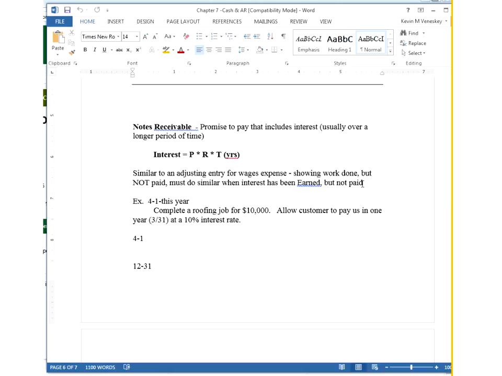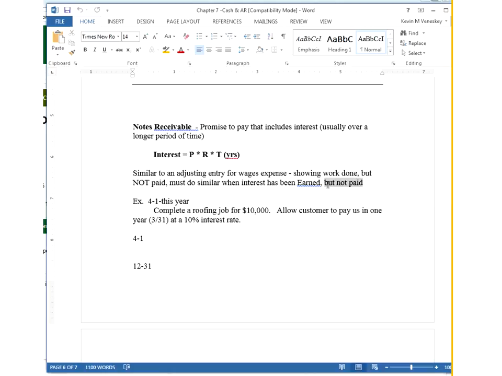Well, even if we don't get paid the interest by the end of the year, just like what we do with wages, when we owe our employees work but we haven't paid them yet, we create a wages payable. Just basically in the same concept, if interest has been earned, we've got to show it.